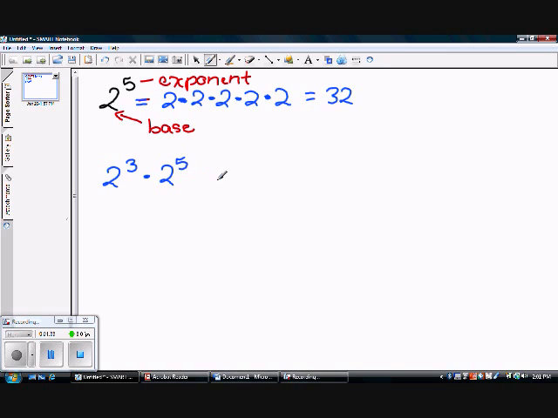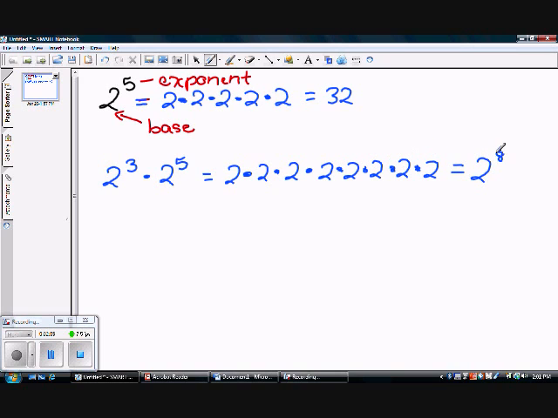Now let's say you have 2 to the 3rd power times 2 to the 5th power. Well, the long way is to say, okay, that's 2 times 2 times 2, that represents 2 to the 3rd power, and then times 2 times 2 times 2 times 2 times 2, that's 2 to the 5th power. Now how many times were we multiplying 2 times itself? 1, 2, 3, 4, 5, 6, 7, 8 times.